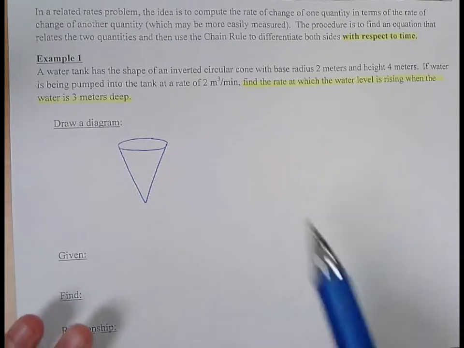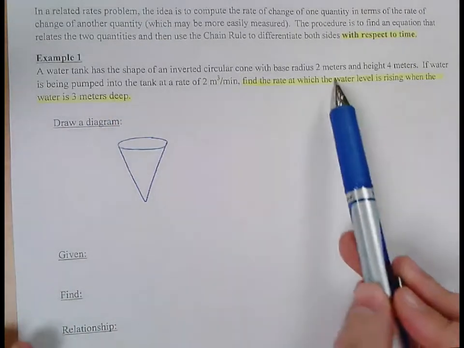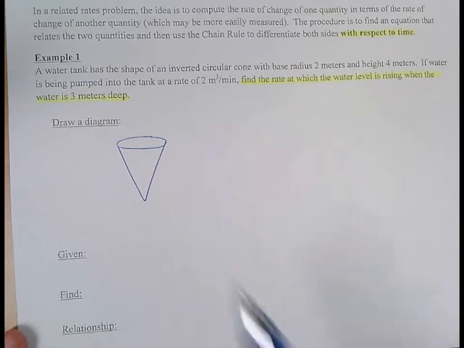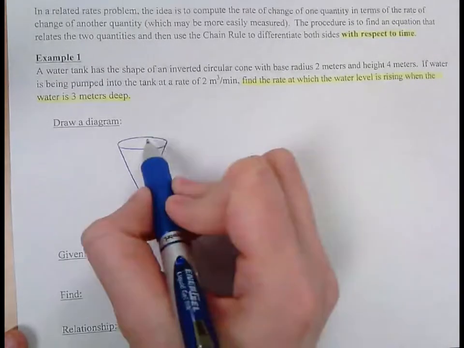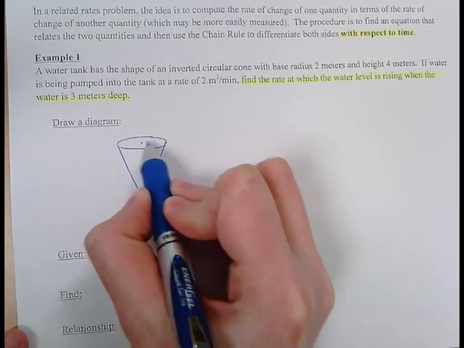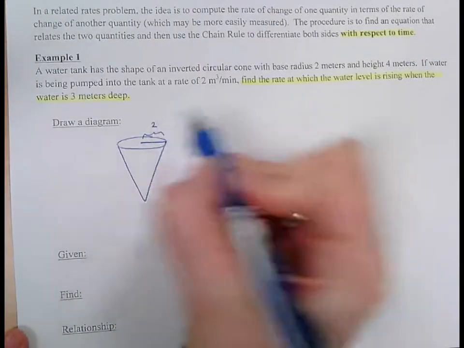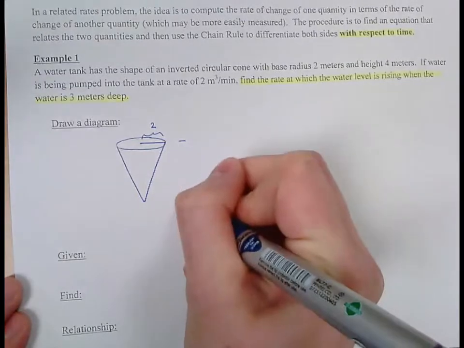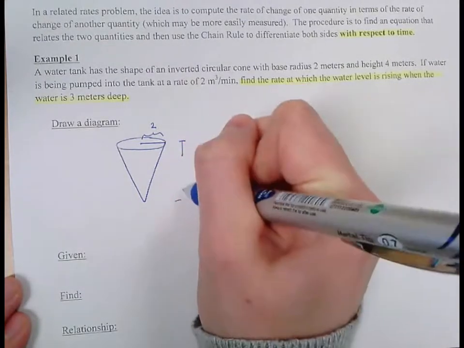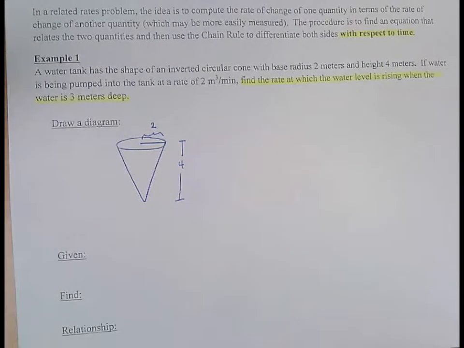So we have the inverted circular cone. It has a base radius of 2 meters. So the base would actually be this circle. So this radius up here is 2. And then the height of the entire thing is 4 meters. I'm just labeling what I know.